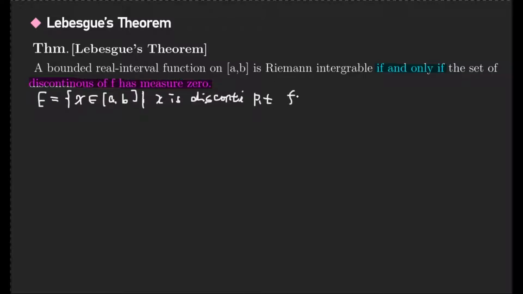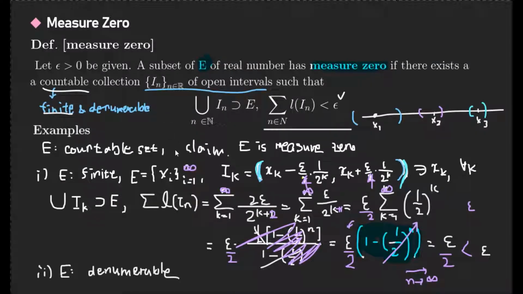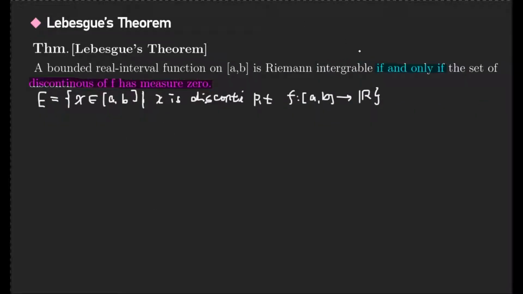The given function f goes from a closed bounded interval to the real numbers. Then if this set has measure 0, as I referred to, then f is Riemann integrable. This is the Lebesgue theorem.